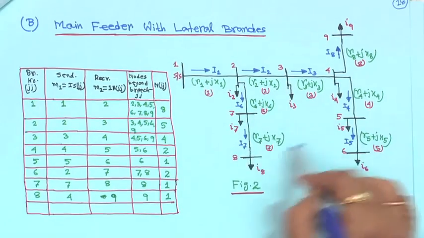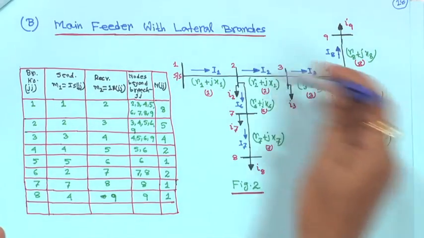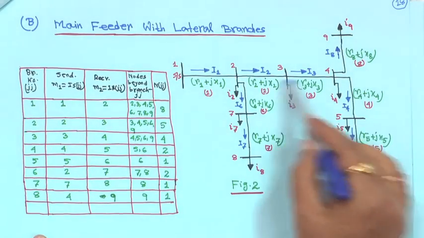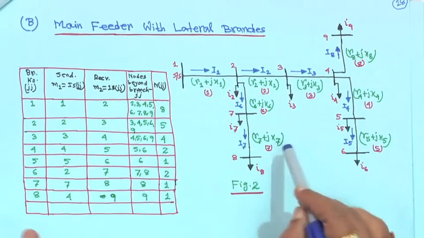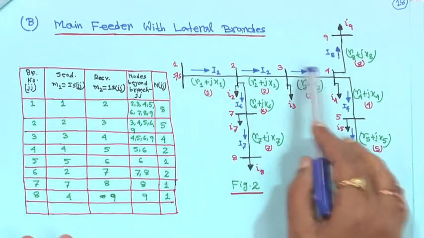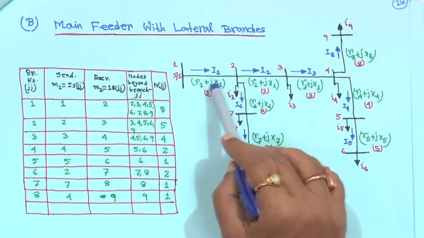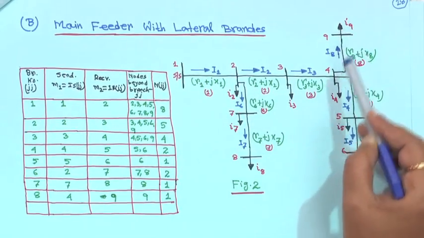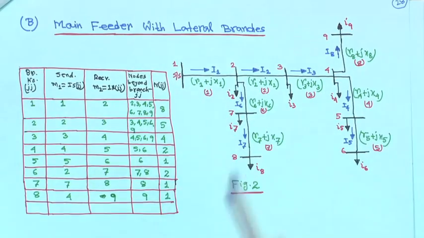Whatever way you number the nodes, your E matrix will automatically be formed. There is no systematic way of node numbering; you can put any number the way you want, between 1 and 9. Suppose this is 1, 2, 3, 4, I make this 1, this 9, this may be 2, this may be 5, and this may be 4. The way I want, it does not matter.